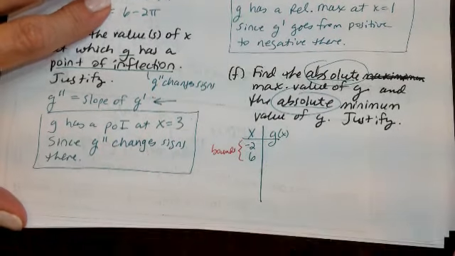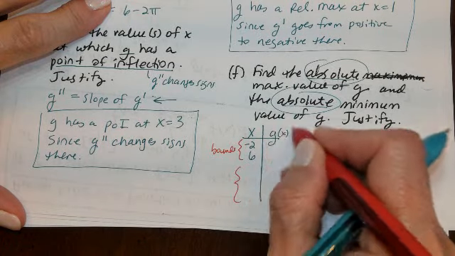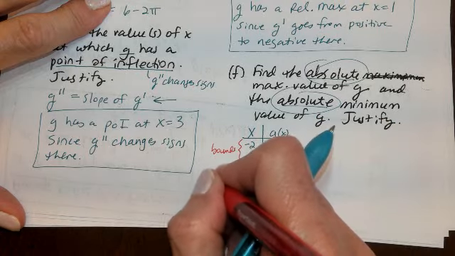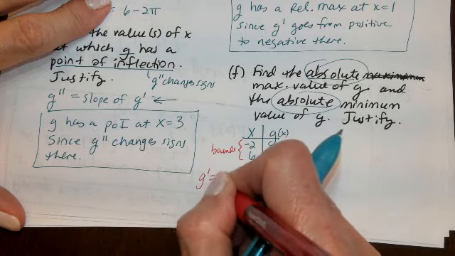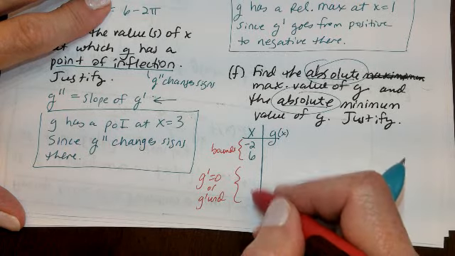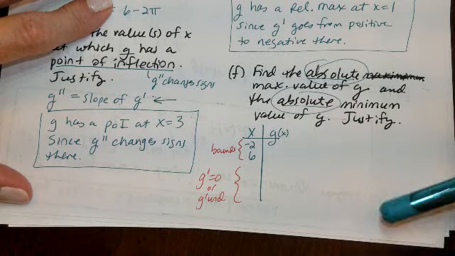Okay? Now we're going to put in anything that makes the derivative of this 0 or undefined. So those are the critical numbers. So G prime equals 0 or G prime undefined, right? That's what goes here. So G prime equals 0.